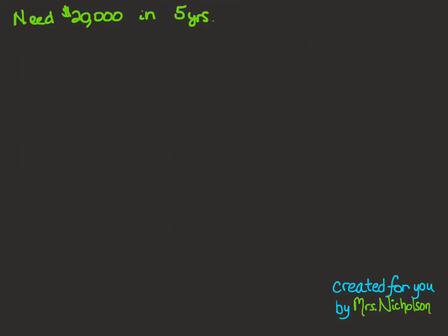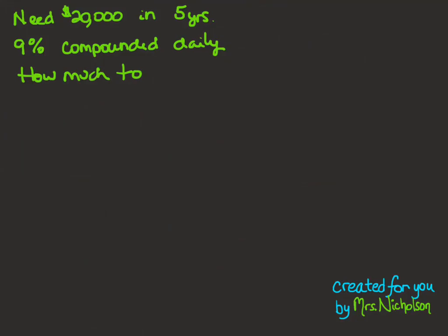I have a bank that's willing to offer me 9% interest, compounded daily. And my question here is, how much money do I need to invest so that I end up with $20,000 in 5 years?